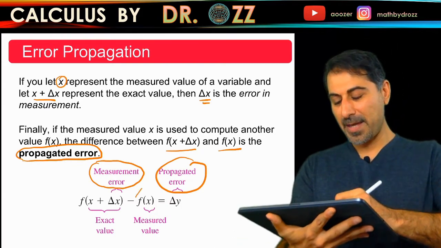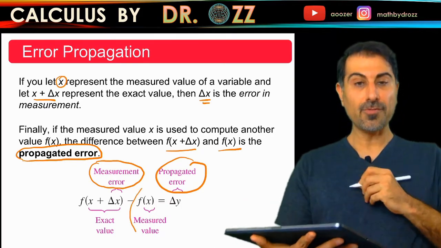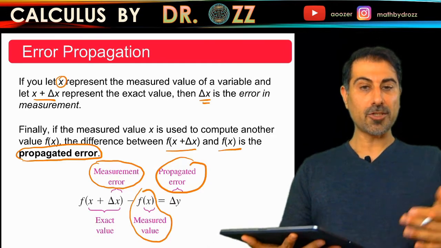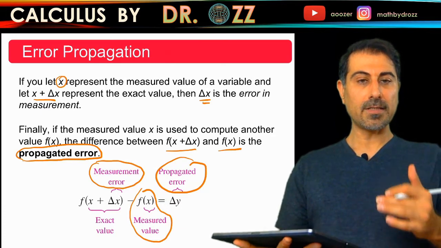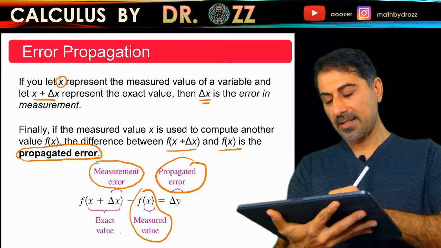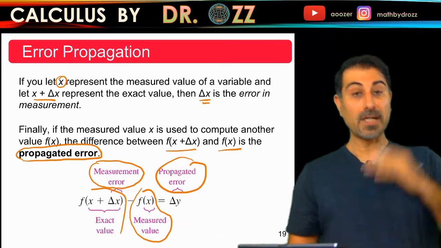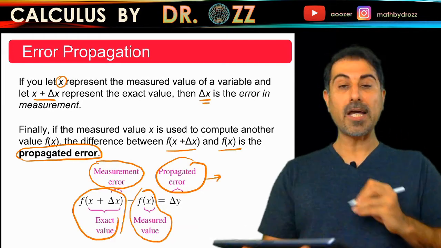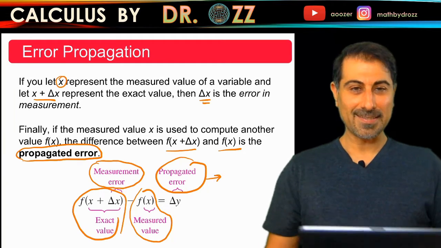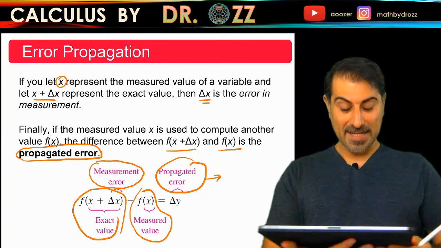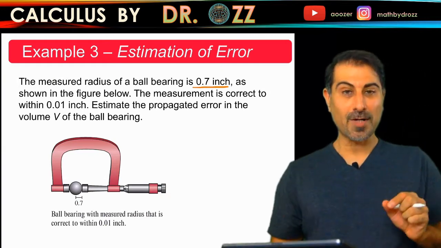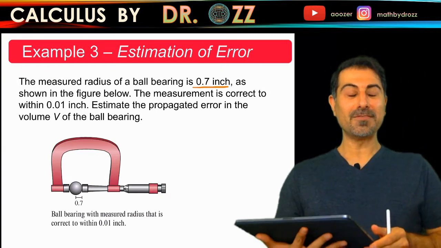This is the volume evaluated for the measured value of x, so that contains some error. And this is the exact value, the volume with the exact radius. So that difference is going to tell us how the error is propagated.